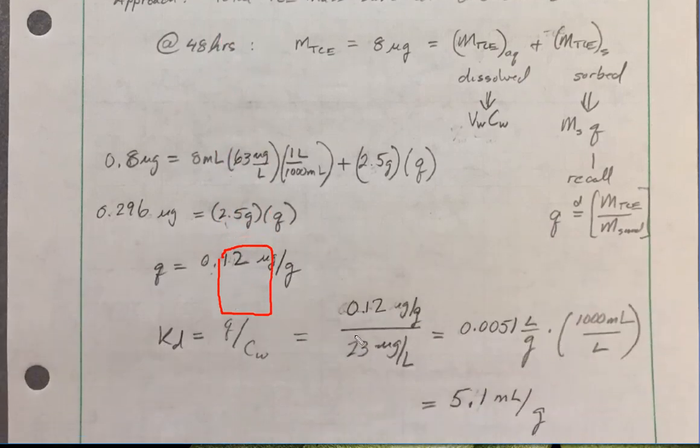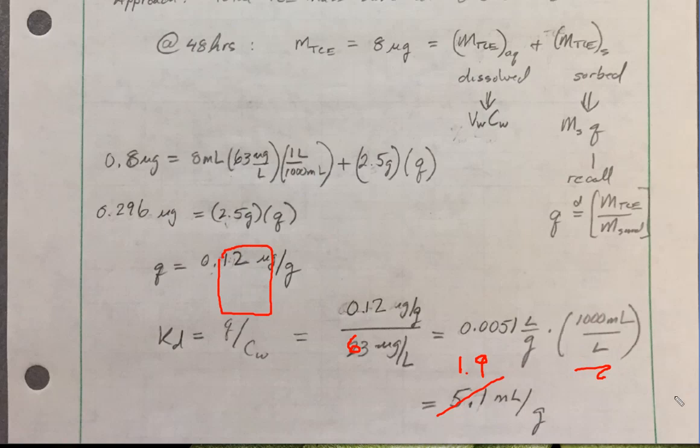So put that number in here, 63. You'd have 0.12 divided by 63, and you would get, let me see real quick, 0.0019, so you'd get 1.9 milliliters per gram with the little conversion here.